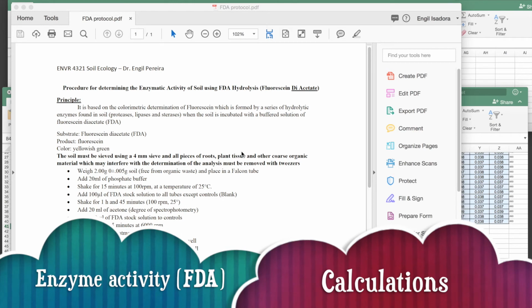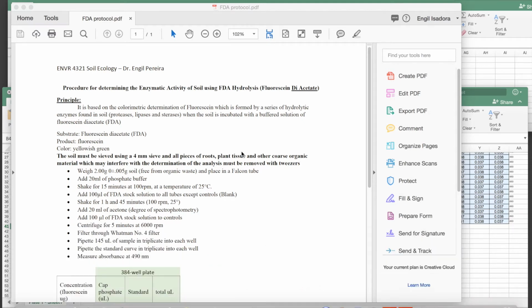Right. Now about the enzyme activity using FDA hydrolysis. FDA stands for fluorescein diacetate.